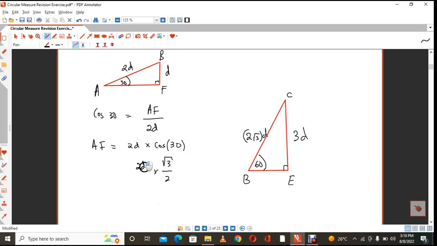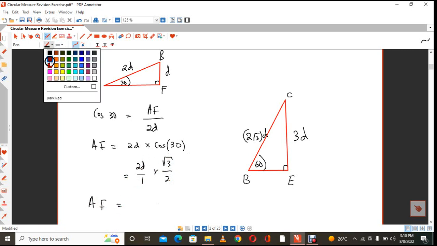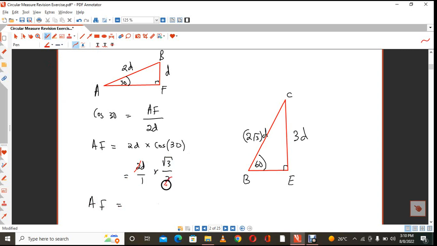Multiply that by 2D, and you cancel the 2's, so AF is nothing but D times root 3.